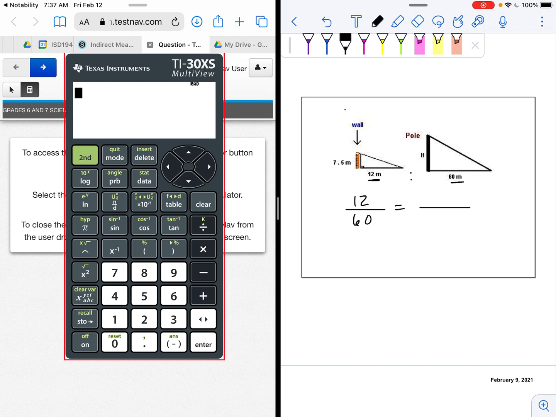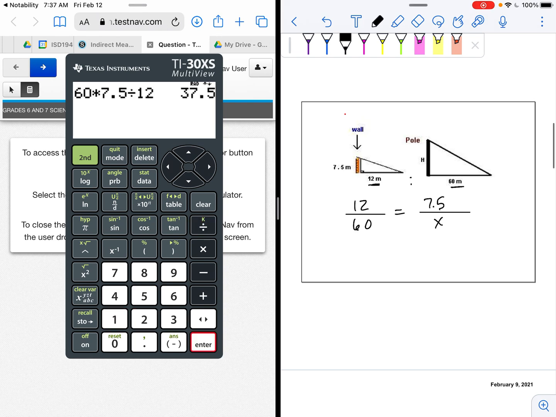Because I put the 12 on the top, I have to put the 7.5 on the top, and then I've got my pole right here. So I'm going to take 60 times 7.5, and divide it by 12. And so my pole is 37.5 meters tall.